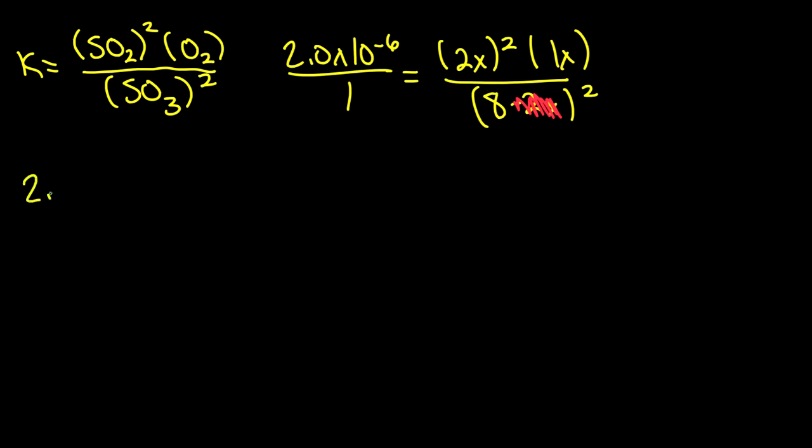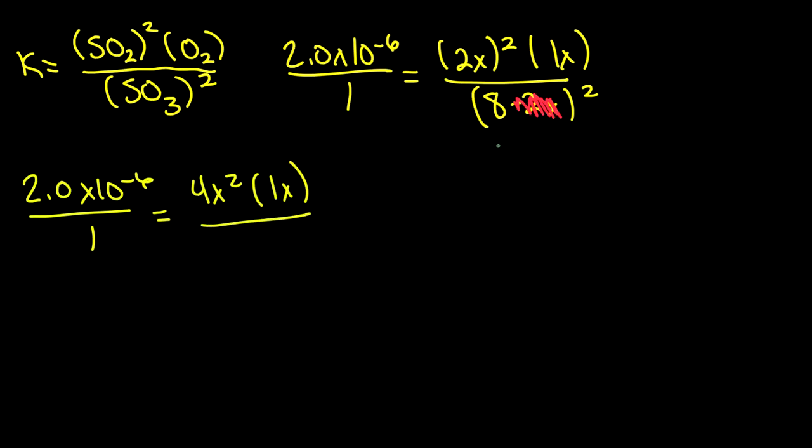So I got 2.0 times 10 to the negative 6th over 1 times 2x squared is 4x squared times 1x over 8 squared. 8 times 8 is 64. Let's reduce this down a little bit further. 4x squared times 1x becomes 4x cubed.